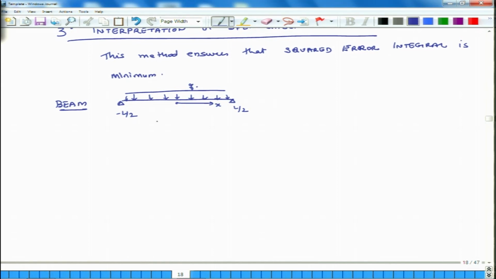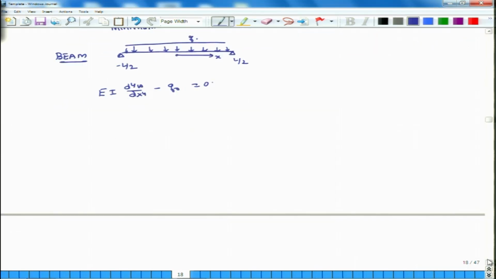For this the governing equation is EI d4 W over dx 4 minus Q naught is equal to 0. Now, if W was exact, then this error in the equation, the force error, will be 0. So, we assume an approximate function, consider W naught as A cosine pi x over L.